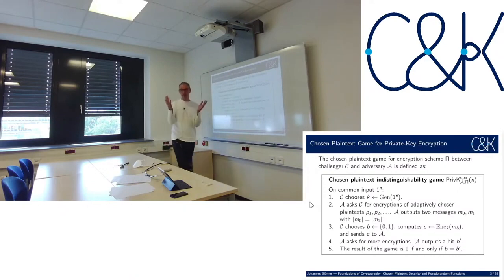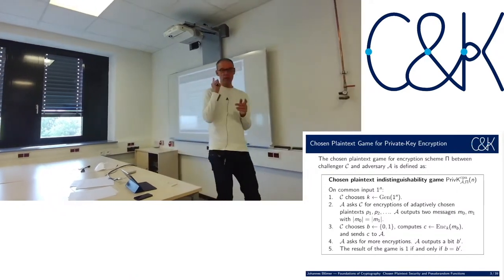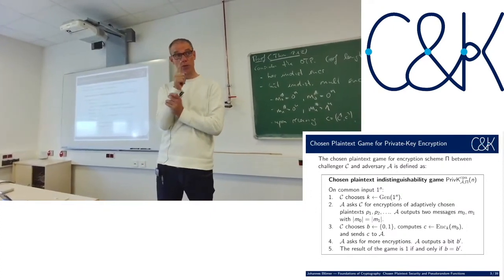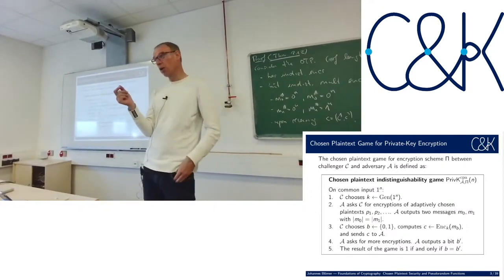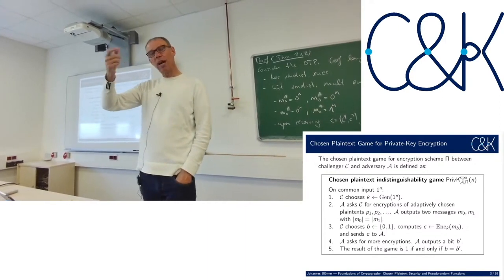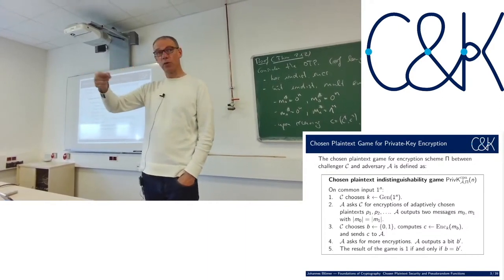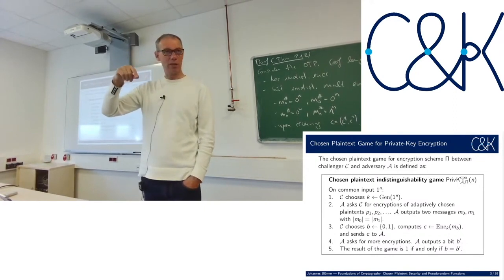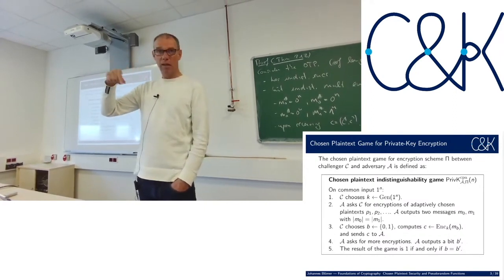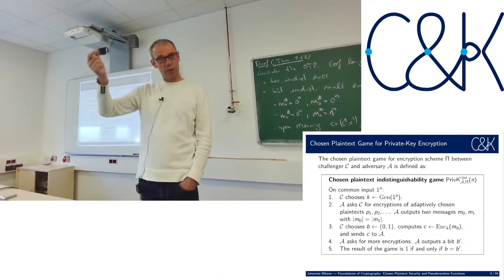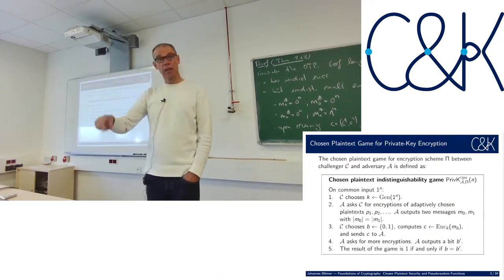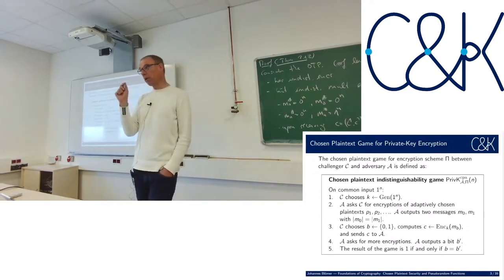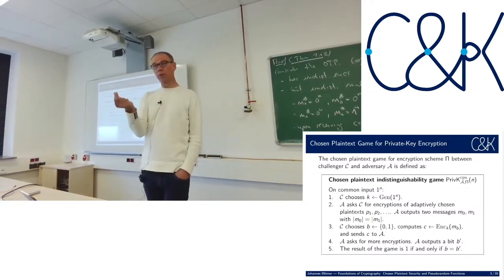So it can ask the challenger. The adversary does not know the key, so he cannot even compute encryptions itself. But here I say, look, challenger, I would like to see the encryption of this plaintext, an encryption of this plaintext, an encryption of this plaintext, and so on. And I say adaptively chosen. By that I mean he can ask for the encryption of the first plaintext.